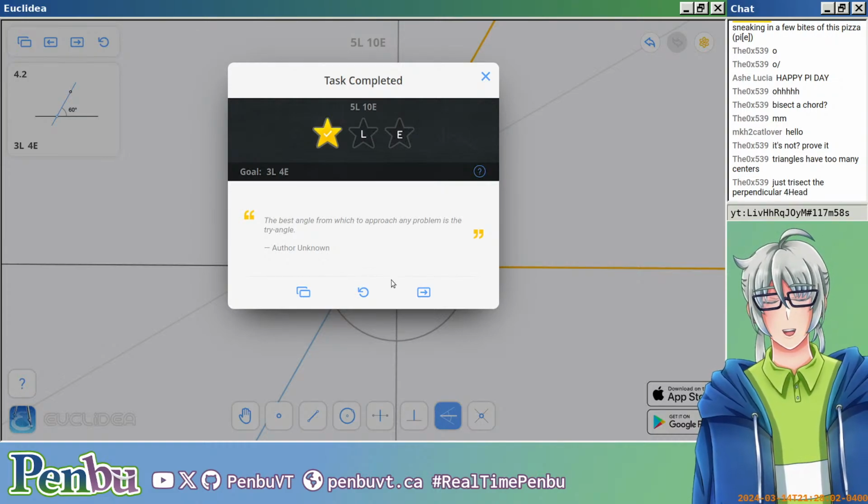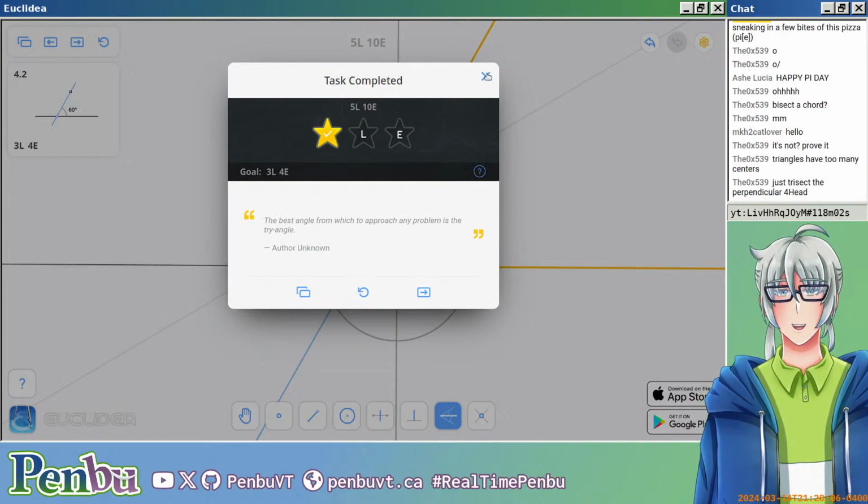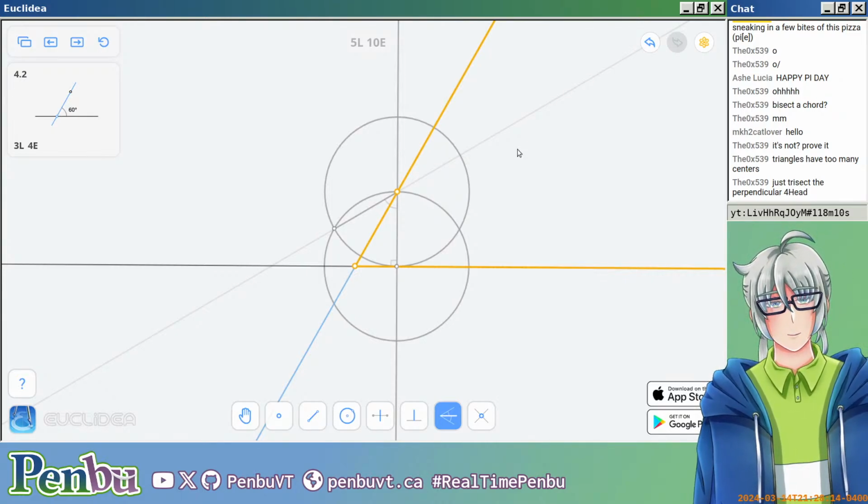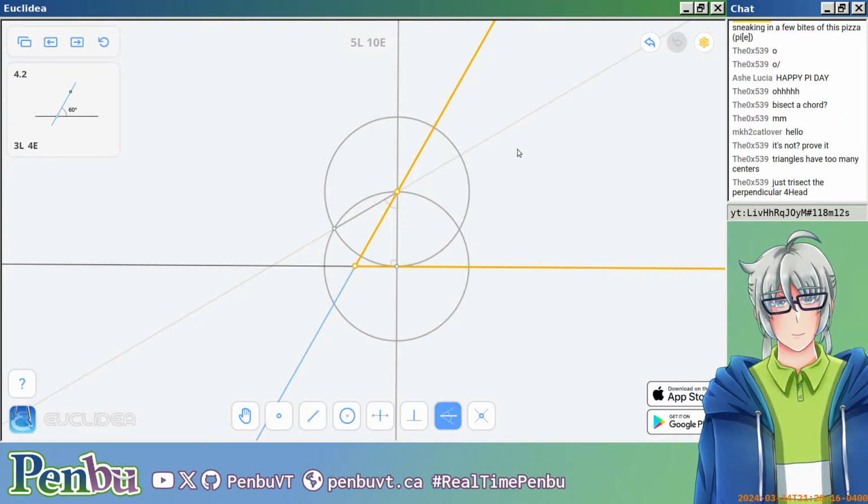Okay. The best angle from which to approach any problem is the triangle. Author unknown. That's a bit of an aha moment. Okay, sure. How do we get down to 3?